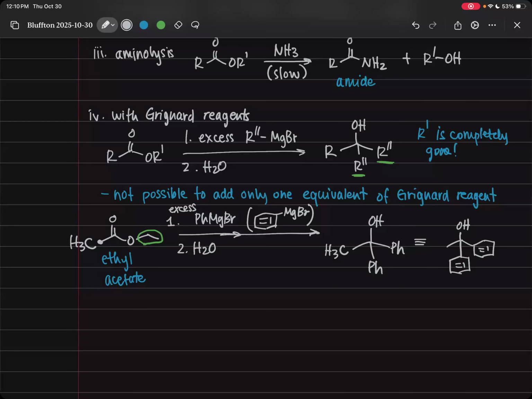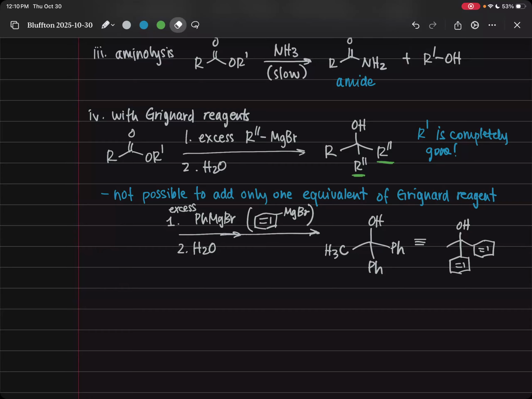So say I didn't give you that, and I said, okay, given that that's the product of the reaction, and we've seen what we've done to the starting material, we added phenyl magnesium bromide and then water. What starting material could that have come from?